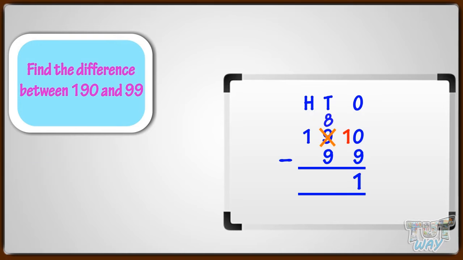Now, find the difference between numbers at tens place. 8 minus 9. Oops! We can't subtract 9 from 8, as 9 is bigger than 8. So, 8 will borrow 1 from the number at next bigger place.